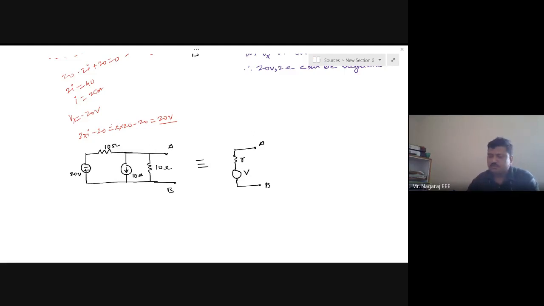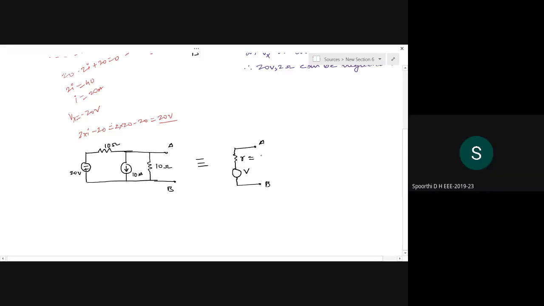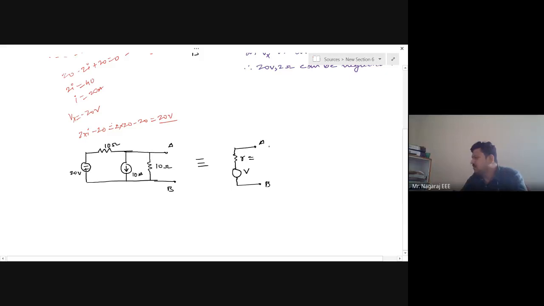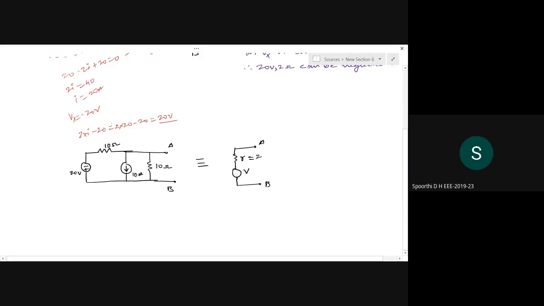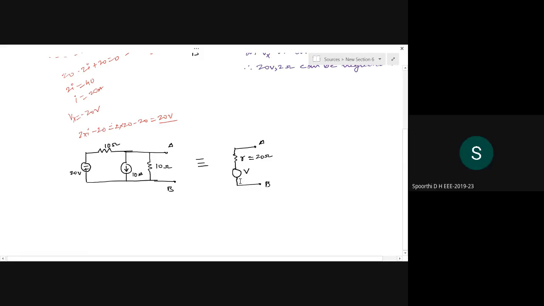Yeah, Spurti, are you there? Yes, sir. Tell me the answer. What is the value of R? Sir, 20 ohm. R is 20 ohm. Yes, and what is the voltage value? 19 volt.